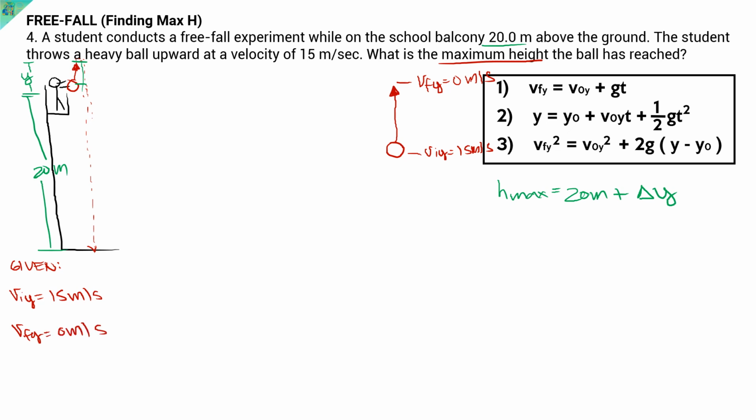Okay, and of course our y initial is 20 meters. That is the value there, 20 meters here. We don't need yung height niya pababa, we don't need that, so we don't write it down. And our gravity is of course negative 9.8.